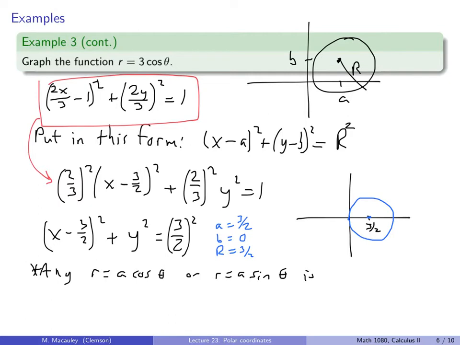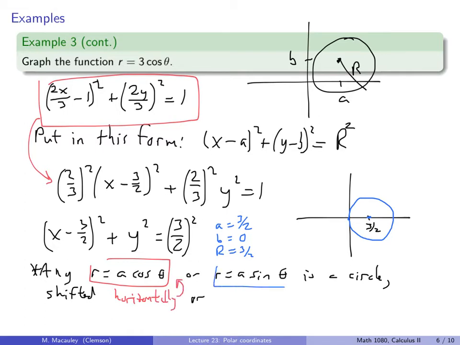This is a circle, and it's shifted horizontally for this one, or vertically for the other one, with radius a over 2.